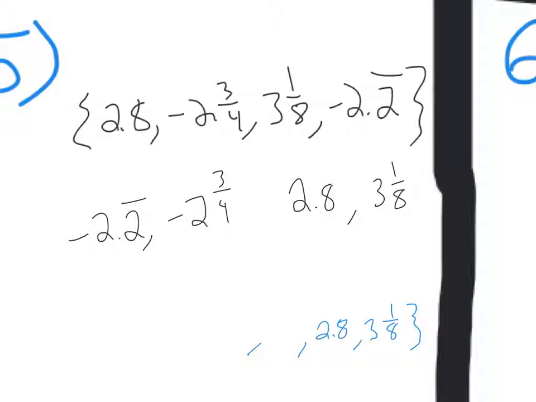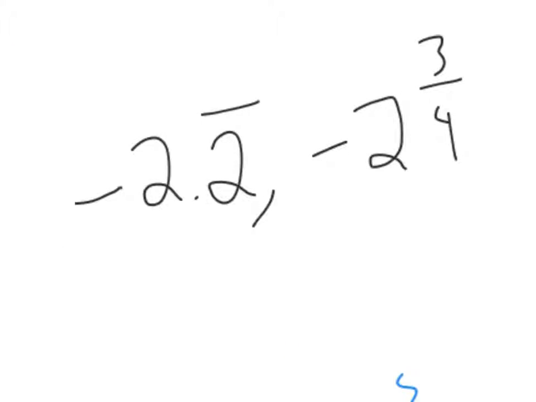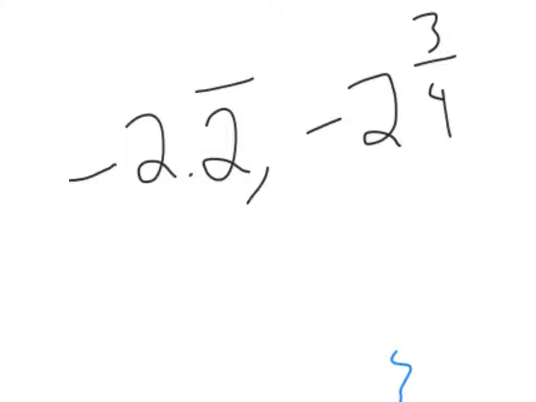Okay, so we've got 2 more spots to fill for our final answer. Alright, now comes down to these two numbers. Which one is bigger, which one is smaller? The best way to do this, once again, is to probably change this guy, negative 2 3/4, into a decimal. So let's go ahead and do that.